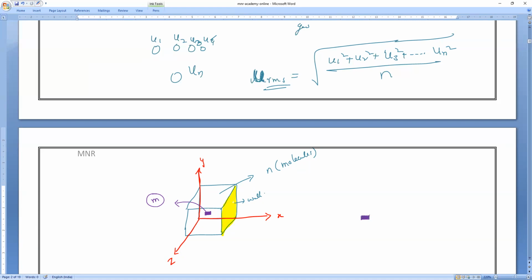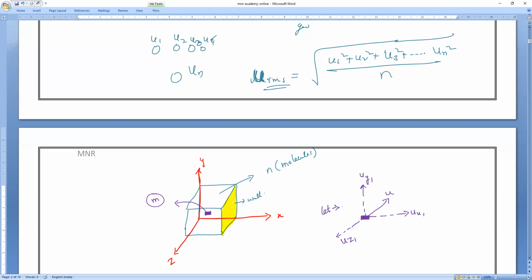It can go in three different directions with the same velocity: the X axis, the Y axis, or the Z axis.